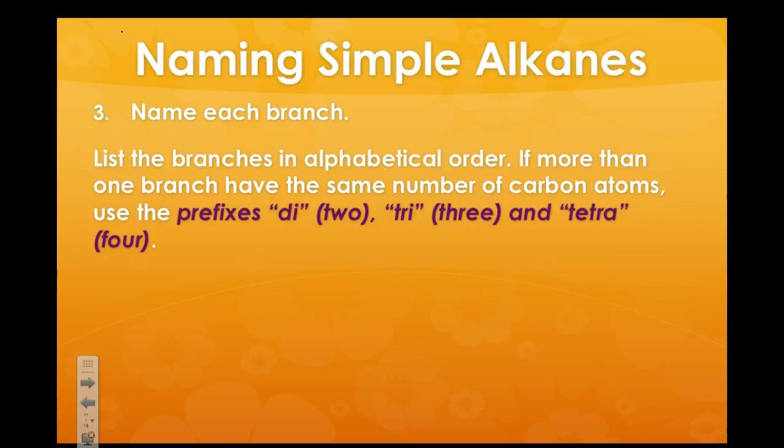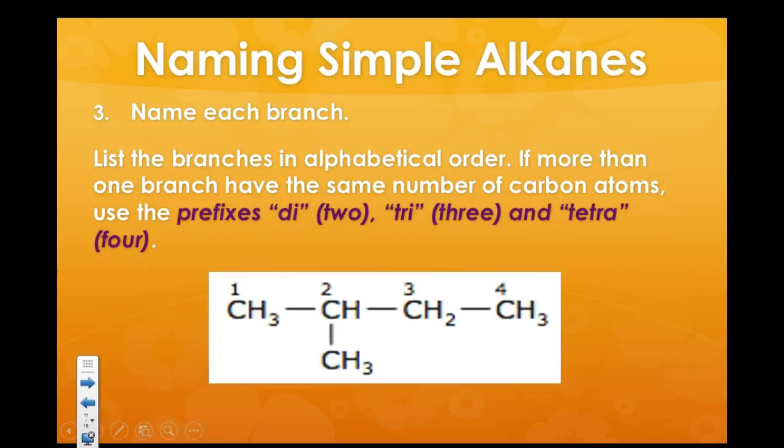I'll give you an example of this. Let's say that right here, I add another methyl branch. What happens now with the number in front?